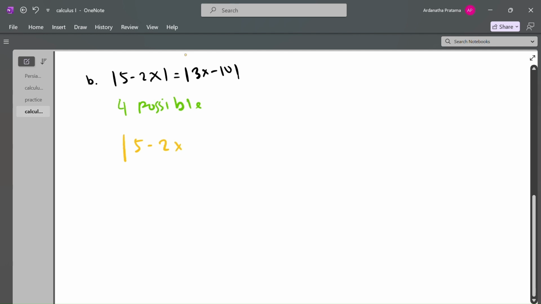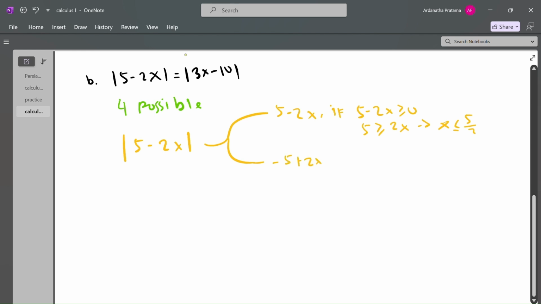Because for the absolute value of 5 minus 2x, we have 2 possible equations. The first is 5 minus 2x, if 5 minus 2x is greater than or equal to 0. So we have 5 greater than or equal to 2x, and x is less than or equal to 5 over 2.